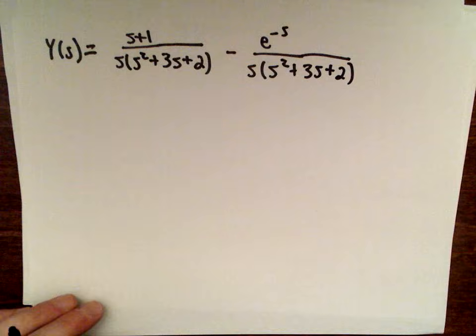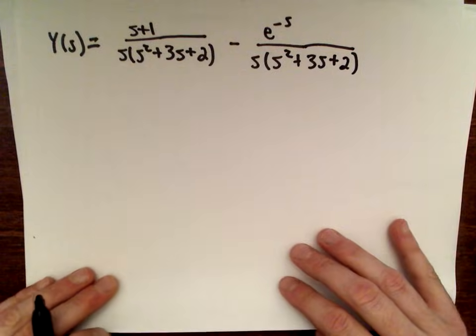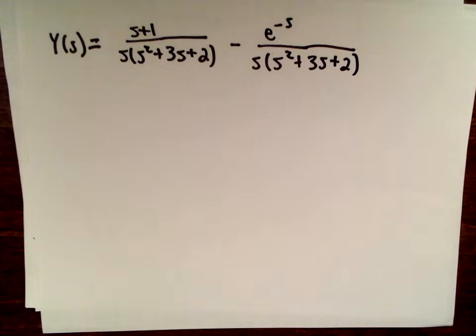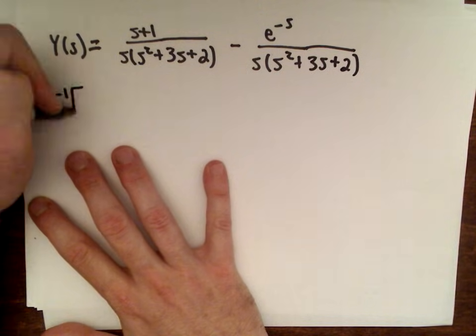Okay. So now what we're going to do is take the inverse Laplace transform of both sides. That's what we're going to do at this point. So let me make sure that I haven't done anything too crazy here. I don't think so. So we want to take the inverse Laplace transform of both sides.